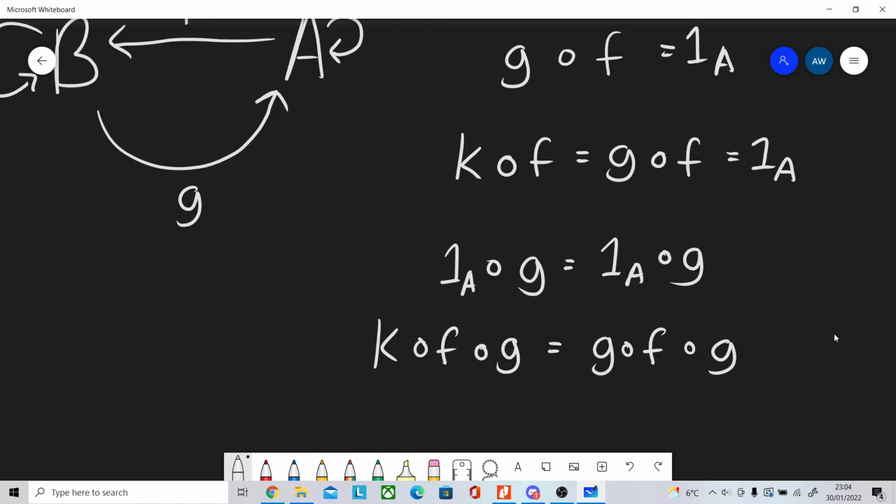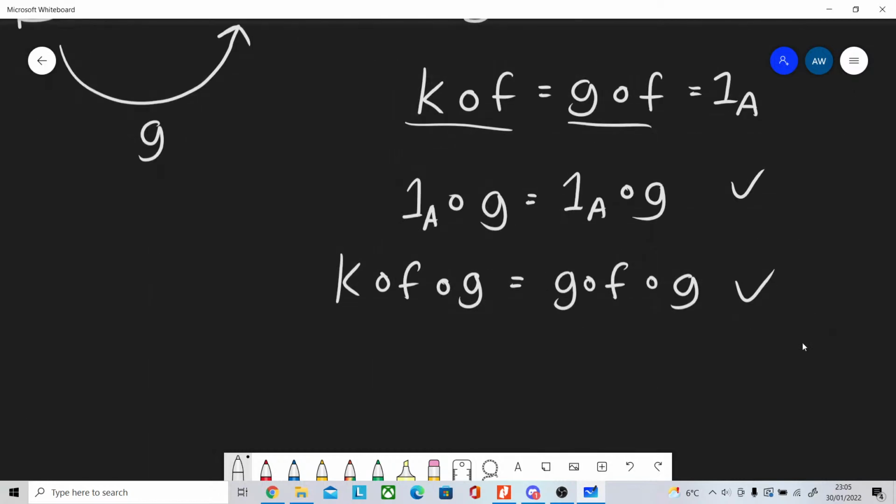So this could be your starting point of the proof. Obviously this is correct, and obviously this is correct because you're just substituting in. And then you group these two and these two together.